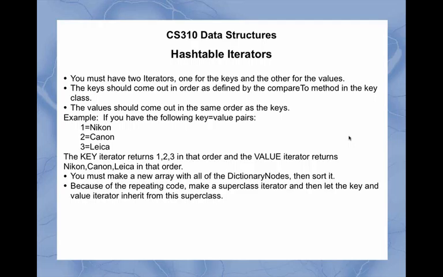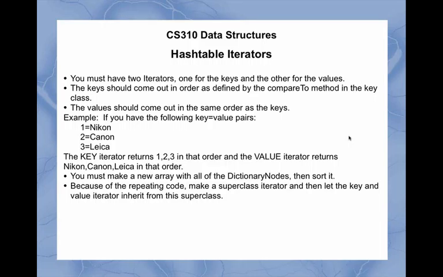This is because hash tables do not store things in any particular order. They do, but that order is defined by the hash code that the key generates, and in terms of sorted or ordered, it is not. So if you need the keys to come out in order, you're going to have to sort them. I should add that if you add a method to sort to your hash table class, it should go in the iterator, not in the hash table class. That is, the sort goes where you're actually going to use it.